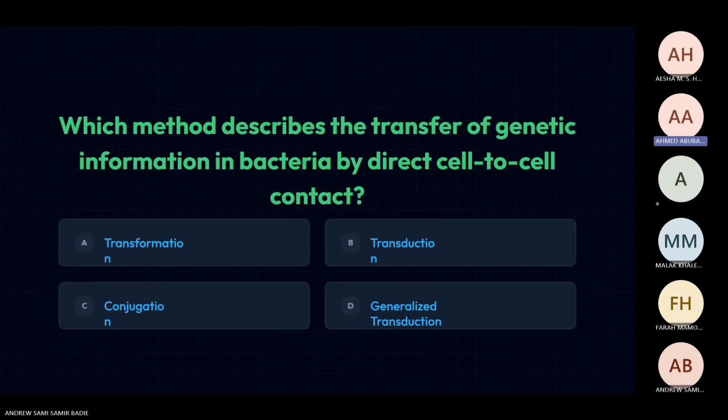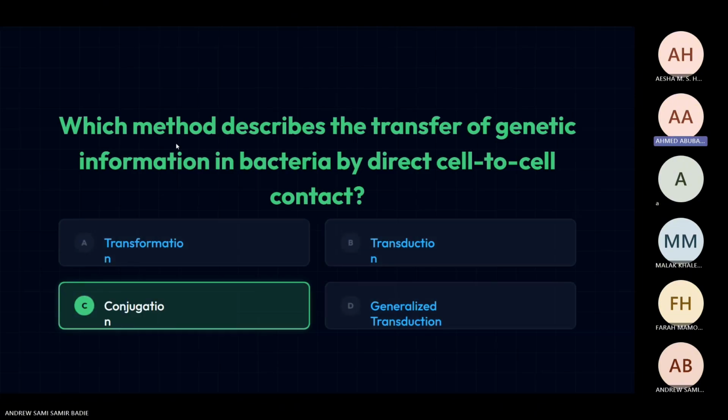Okay, so the correct answer is C, which is conjugation. As we explained before, conjugation is transferring the genetic material between two cells through the sex pili. So yeah, it's quite straightforward.